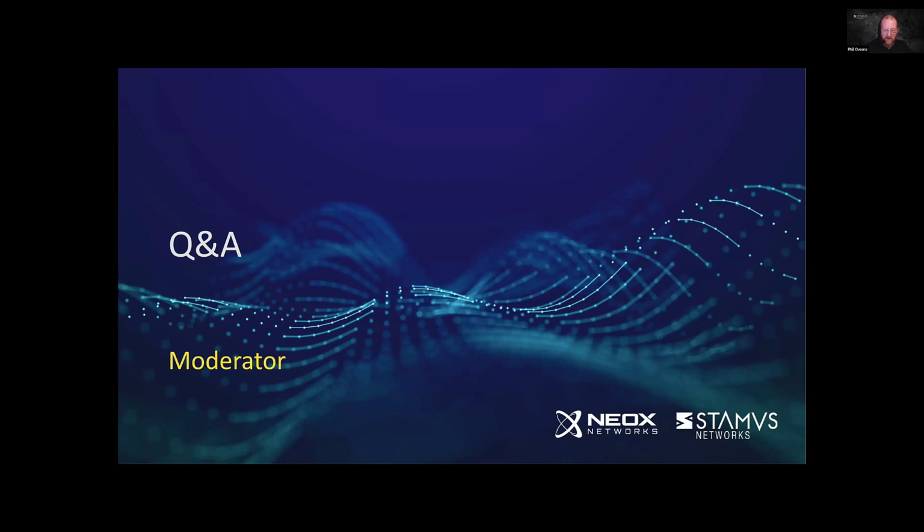We are the NDR company, so typically we would get in place after Nadeem does his magic with NEOX on getting all of the packets over to us. But on the NDR side, after that piece is done, it's typically within a few days. In a large enterprise, we can be up and running within a few days once we know that we're getting the data.